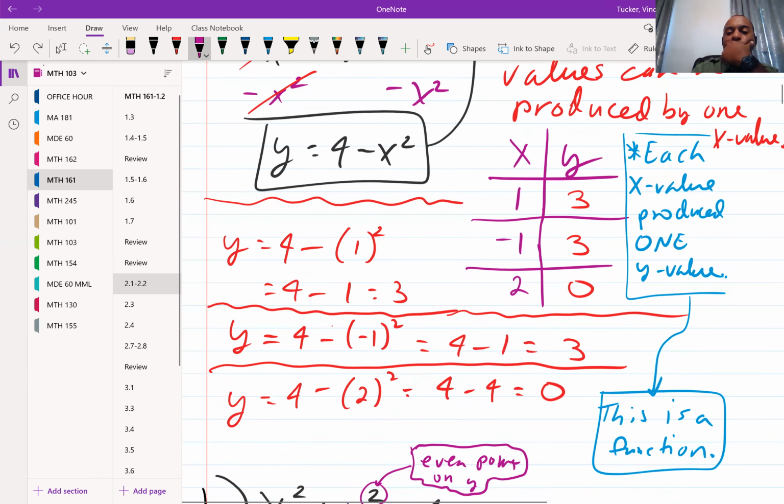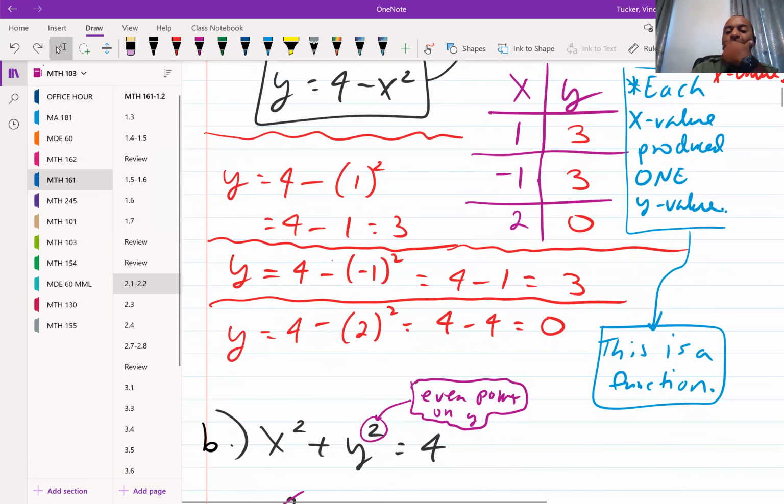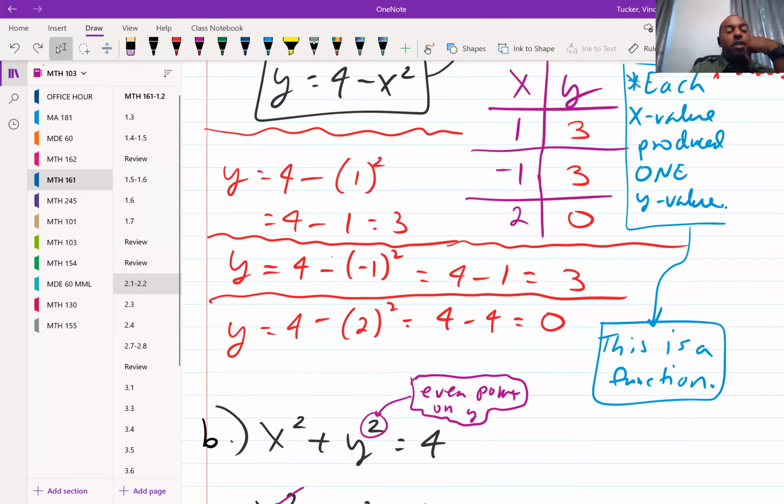All right, scroll up. For this next one, that defining characteristic that I was mentioning is an even power on your y. Notice we have x squared plus y squared equal to 4. Last time we had x squared plus y equal to 4. This time we have x squared plus y squared equal to 4. So you want to look for that even power on your y.